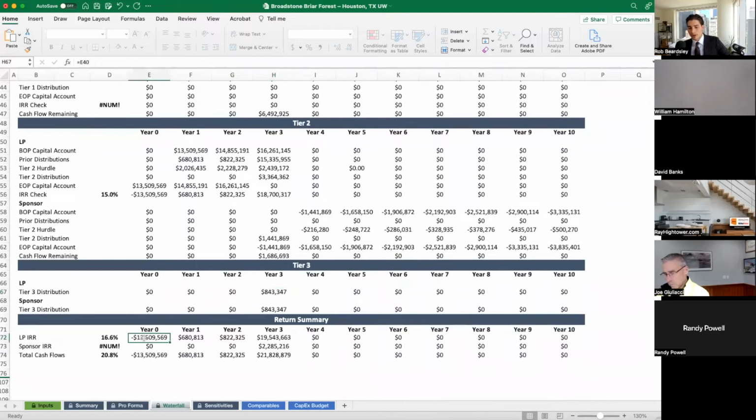And when you sum it all up, you get this stream of cash flows, which is a 16.6% projected IRR. So that is the passive investors' or the LPs' projected return after all fees and promote are paid. And that, walking you through it, is exactly how we calculated it on a compounding basis. And that is really the waterfall.